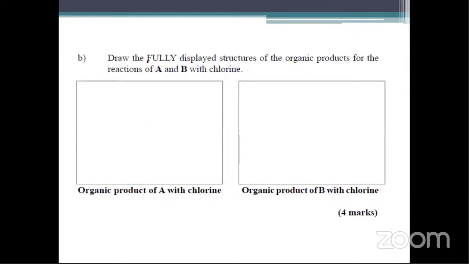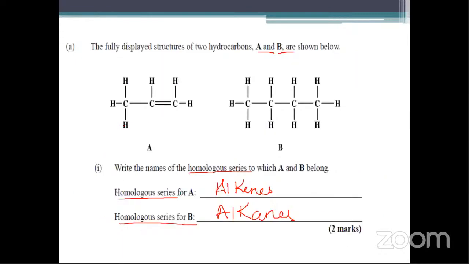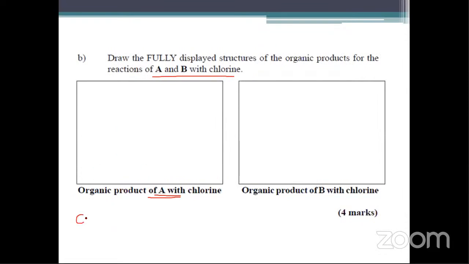All right, it says, draw the fully displayed structure of the organic products for the reactions between A and B with chlorine. So what would you get if you react A with chlorine? So let me just draw A, so this is propene. I'm going to draw it, and then we're going to talk about what happens when you react chlorine with propene.